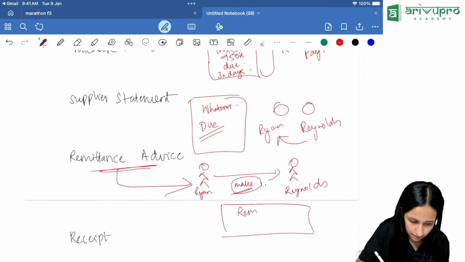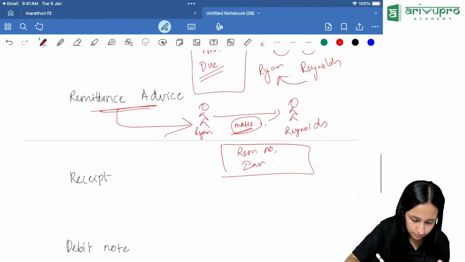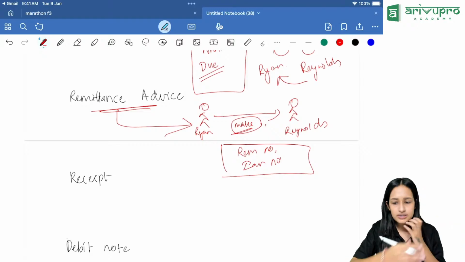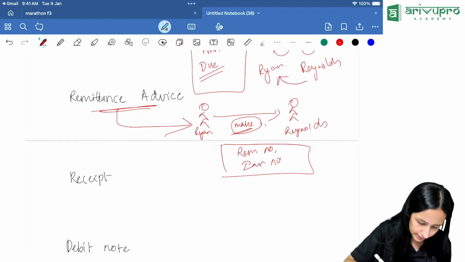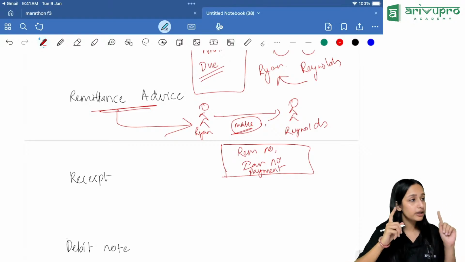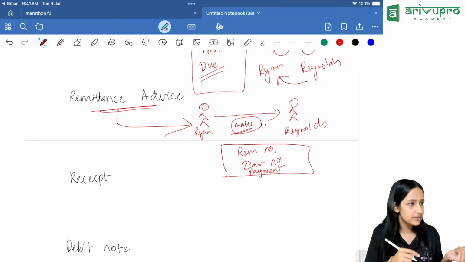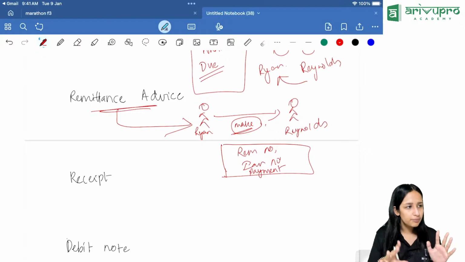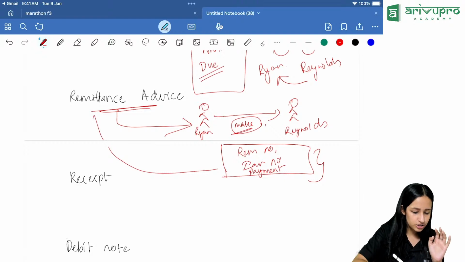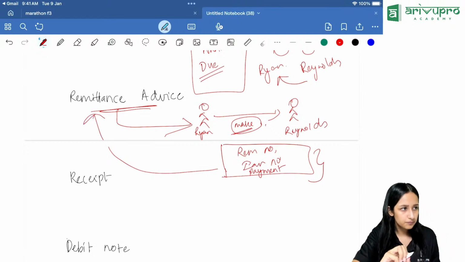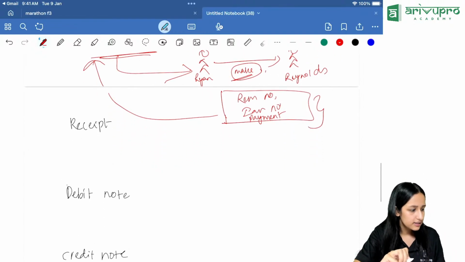The remittance number, the invoice number, the purchase invoice number, to tell that in relation to this, I'm making the payment. The invoice number will be there, and then the payment method will be there. All that will be written in one particular sheet that is called the remittance advice. Okay, so Ryan, after he's fed up, will make the payment, and when he's making the payment, he will mention all this information in this sheet called remittance advice. Was this fine?